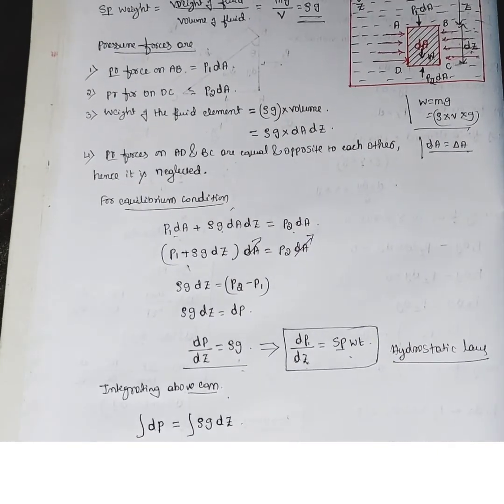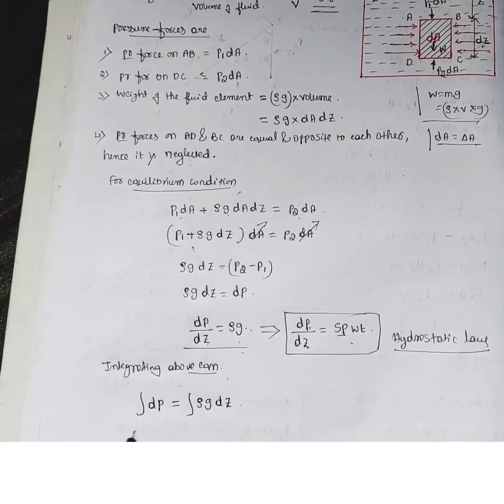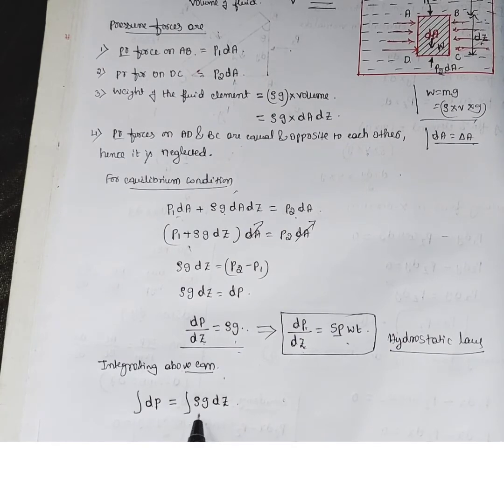I just took dz multiplied by and I'm applying the integral sign over here. So integration of dP is equal to integration of rho g dz.